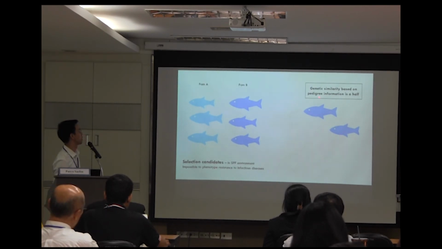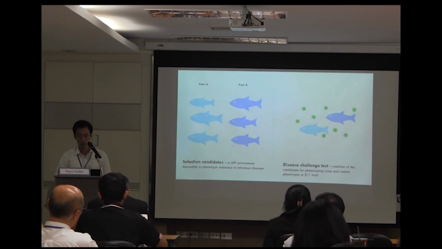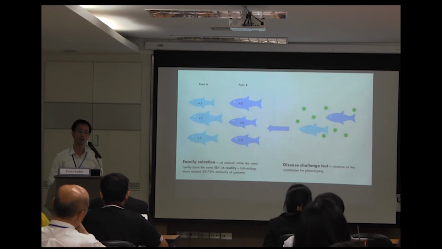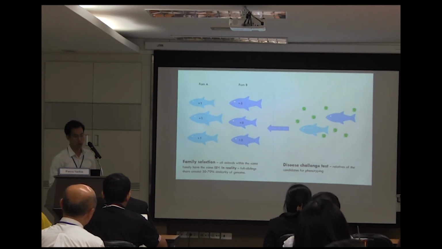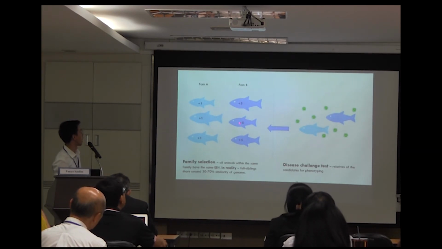Based on the pedigree information, they have a similarity of a half, or 0.5, in terms of genomic similarity. So if you challenge the animals, you can use the information from the animals to estimate breeding value, and with the similarity of a half, animals within a family get the same breeding value, plus 5, 5, 5, and 1, 1. So you end up selecting the whole family.